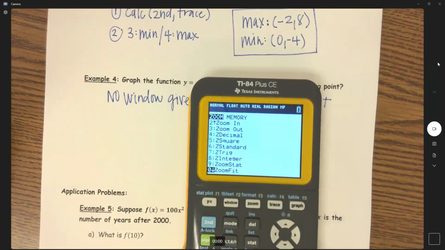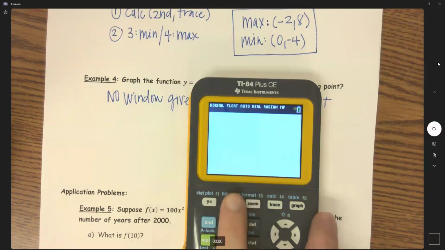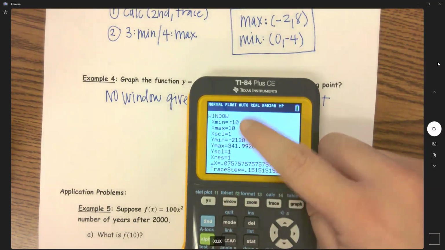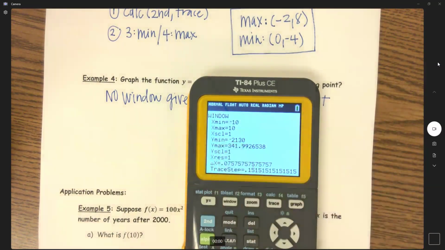So either 0 or go down to 0, and I'll hit enter. Here is my graph now. What that zoom fit does is it takes my window and it keeps my X max and min the same, and it adjusts my Y accordingly so I can see the whole graph in there.